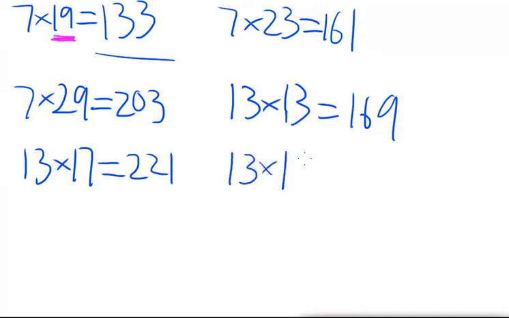And there's 13 times 19, which is going to be equal to, alright, let's see, 3 plus 9 is 12, 3 times 9 is 27, and 1 times 1 is obviously 1. Alright, so 247. Yeah, I think so.